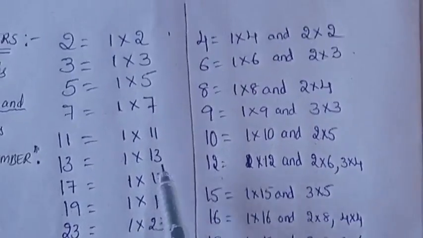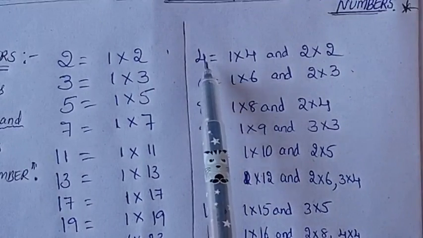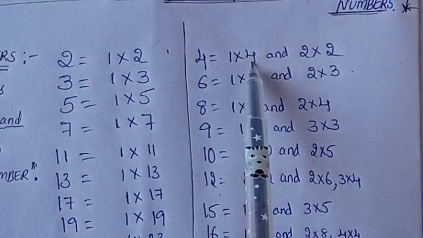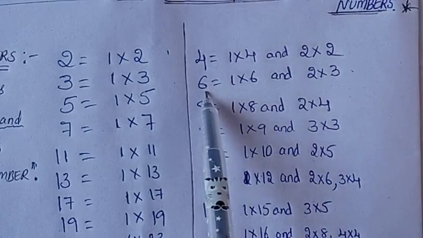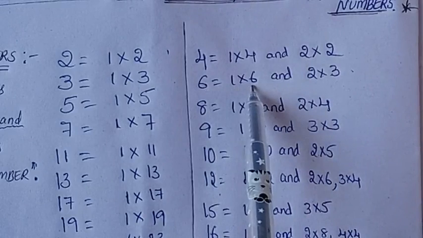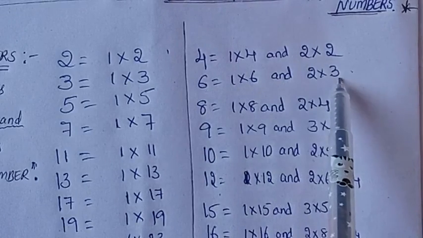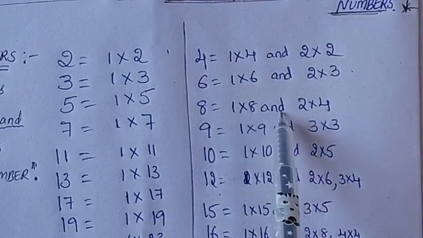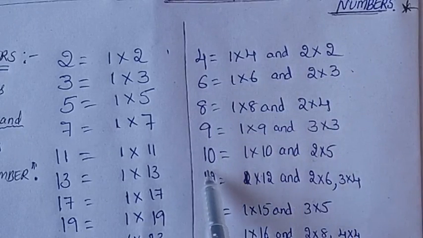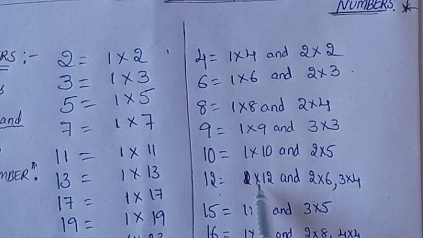See the other counter examples here. 4: yes, we can write 4 as 1 into 4 and also 2 into 2. 6 can be written as 1 into 6, why not, as well as 2 into 3. 8, in general 1 into 8, as well as 2 into 4. See 9, 10, 12. Here 1 into 12, and also 2 into 6 and 3 into 4.